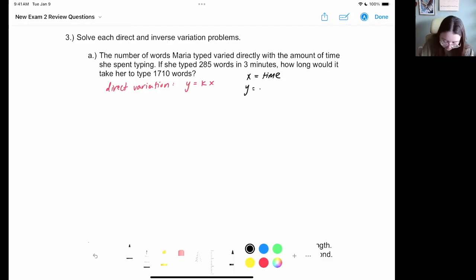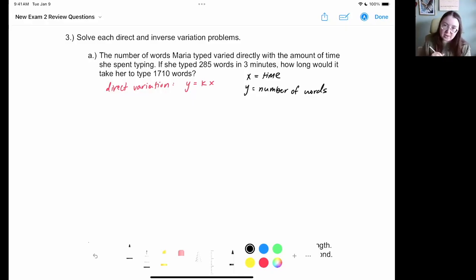And y is going to be the number of words. K, our constant, will be acting as the rate at which you type words. So we're going to put this all together.